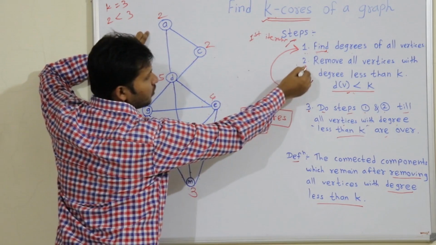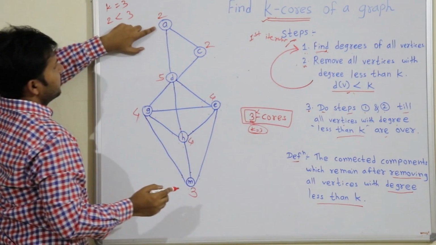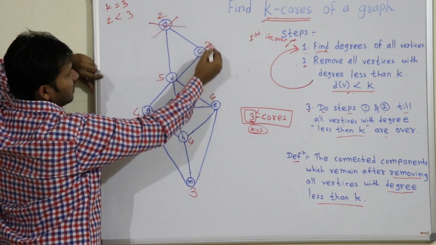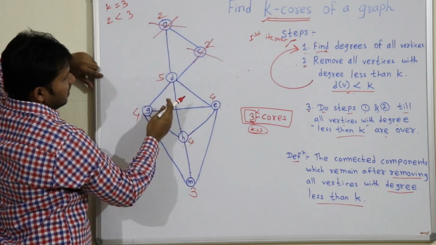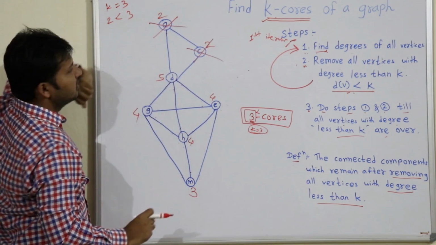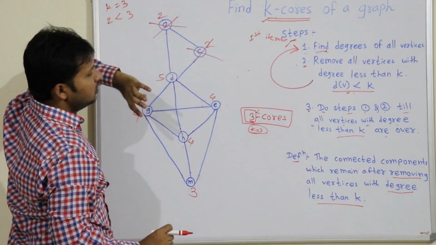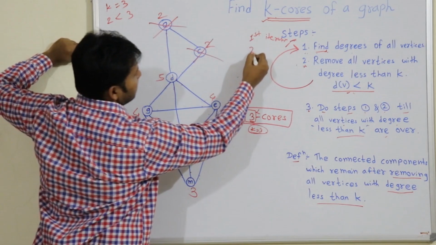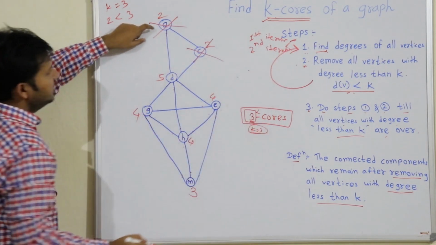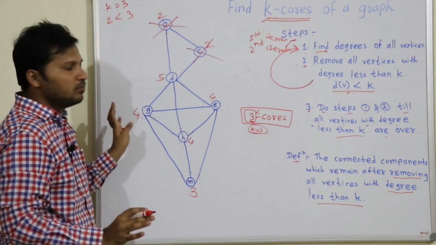Now we will perform the second step. So degree less than 3: 2 is less than 3, yes, so remove this, again remove this, then 5, 4, 3, okay. So these 2 vertices are removed. So that was the second iteration.